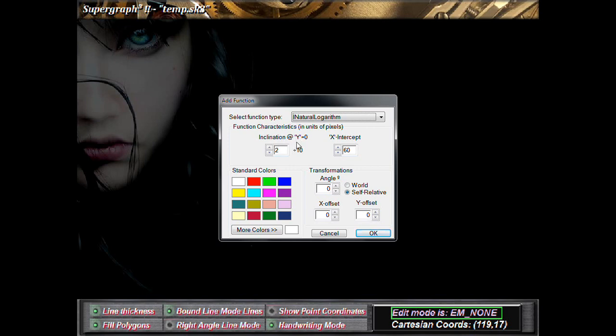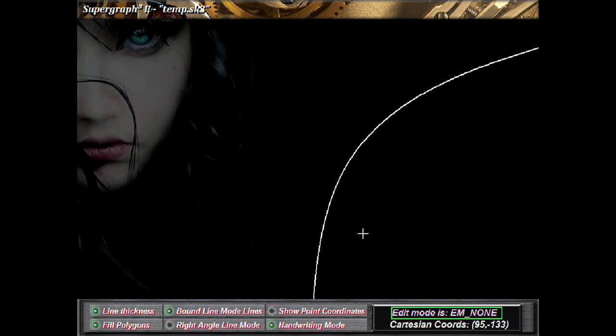Inclination at y equals 0. Oh no, it has got to be bigger. The other way around. Inclination meaning slope. That's not too bad.